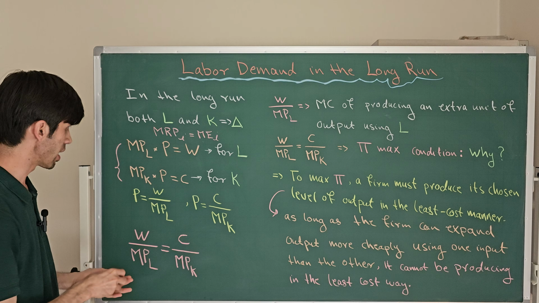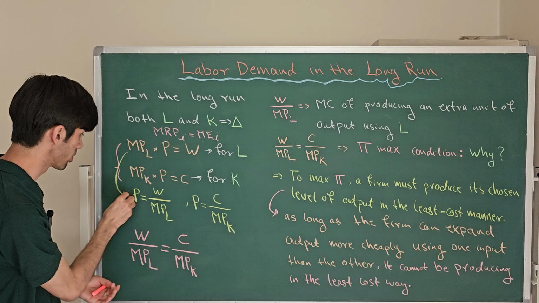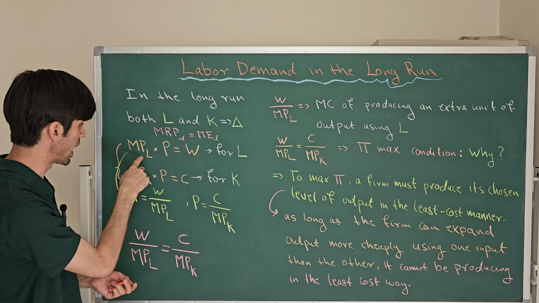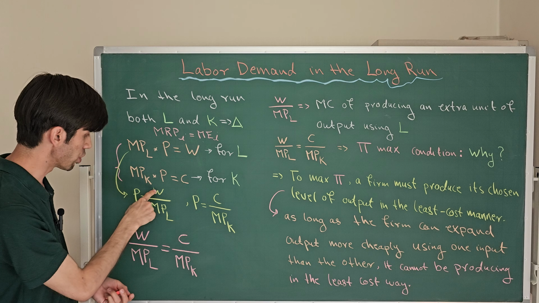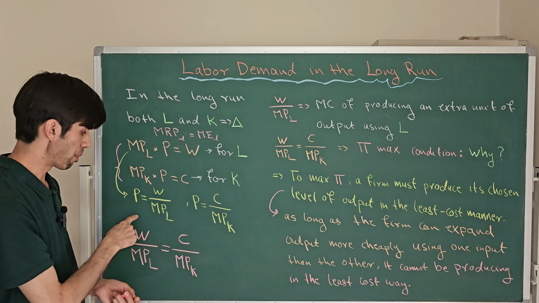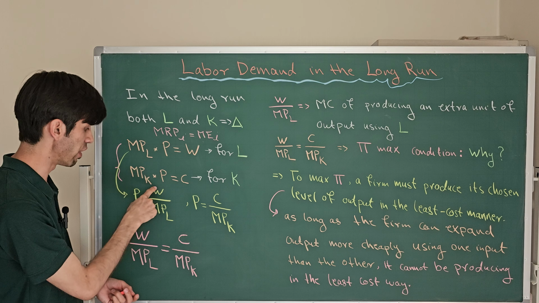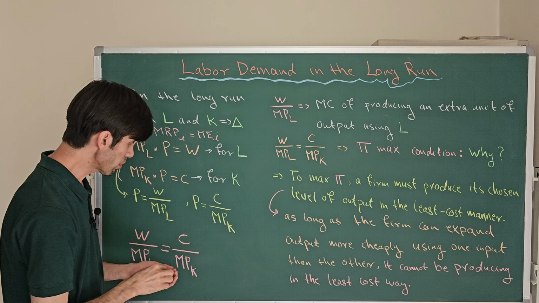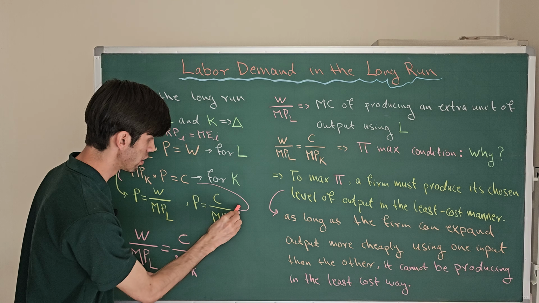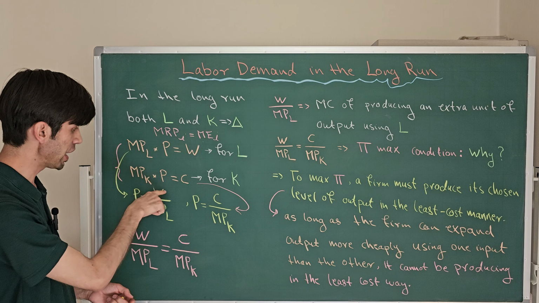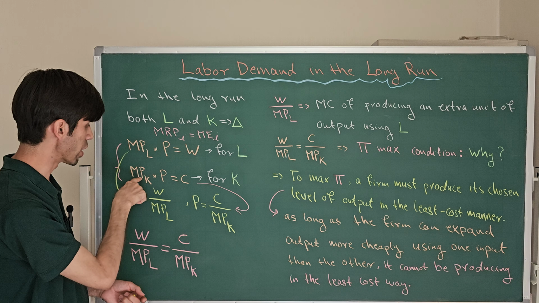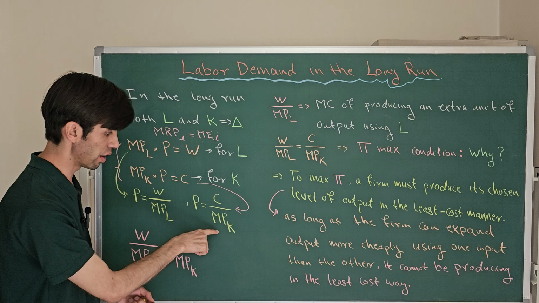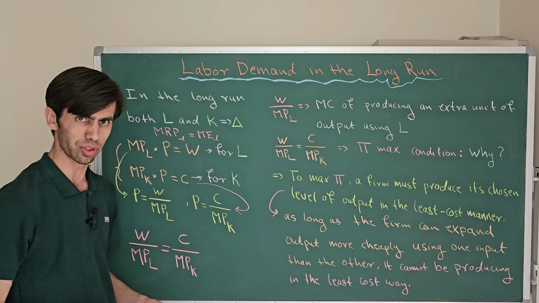When we isolate the price from the labor expression, we divide both sides by the MPL. Then P will be equal to W over MPL. Price is equal to the ratio of wage rate over marginal product of labor. And also, from the capital expression, when we isolate P, we divide both sides by marginal product of capital, then P will be cost of capital over marginal product of capital.